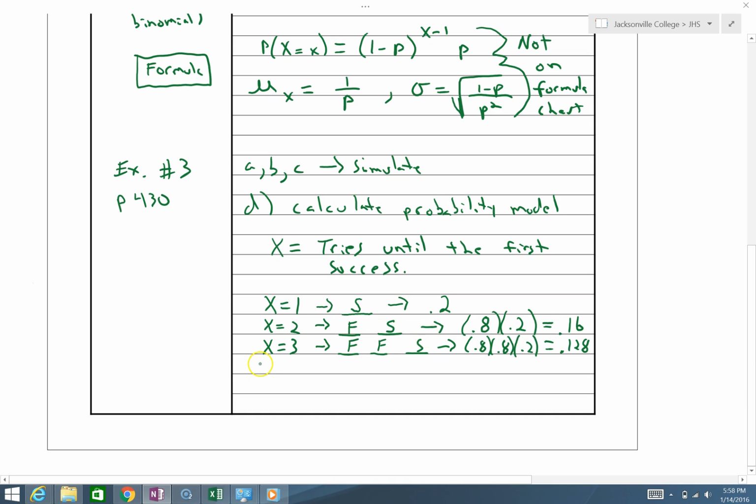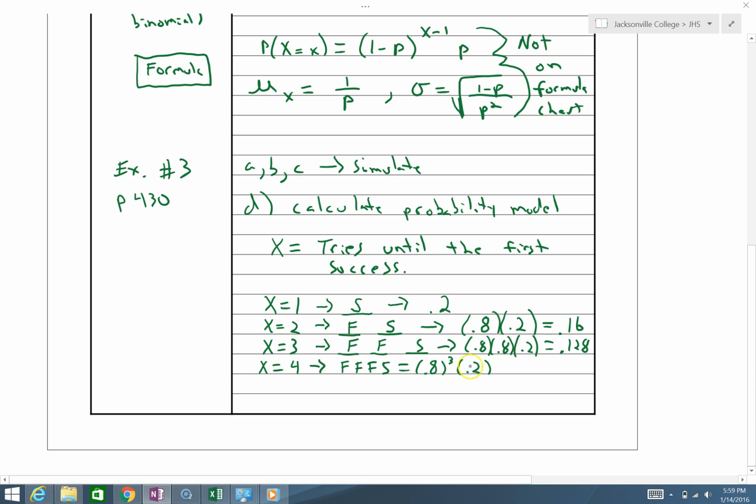Now let's look at X equal 4. This is our first success comes on the 4th try. Let's skip the blanks and just go right for the letters. In this case we're saying fail, fail, fail, success. Well, that's 3 0.8s and a 0.2. Let's just write this as 0.8 to the power of 3 and then 0.2.